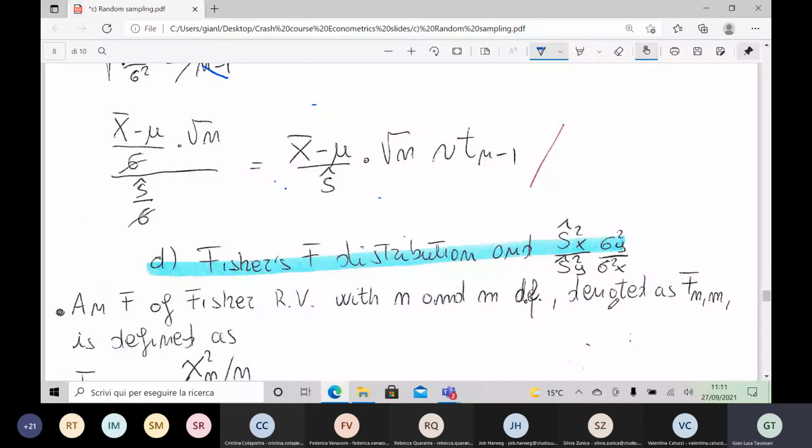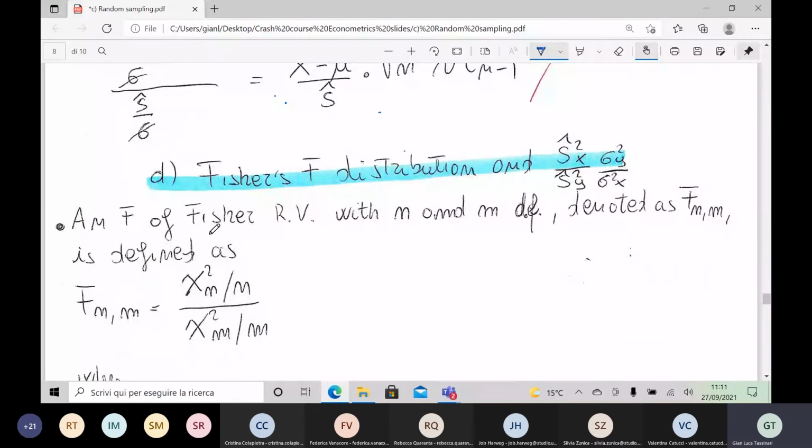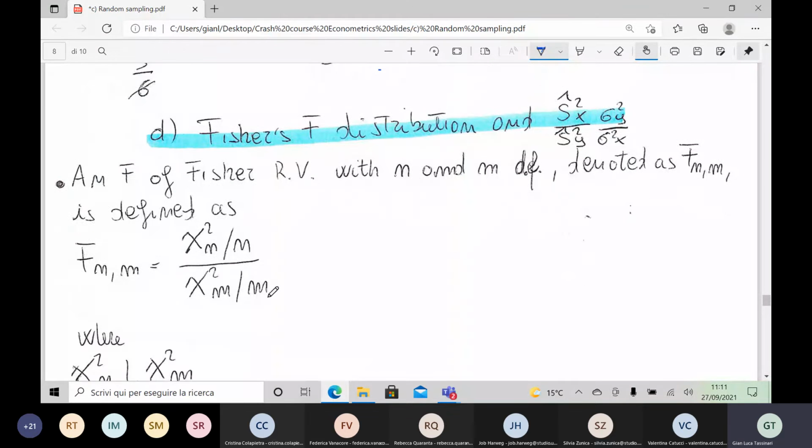An F of Fisher random variable with n, the numerator, and m, the denominator, degrees of freedom, denoted as capital F n m. So this means an F of Fisher random variable or an F of Fisher distribution with n and m degrees of freedom is defined as follows. Is a ratio between what? Don't write because I wrote everything below.